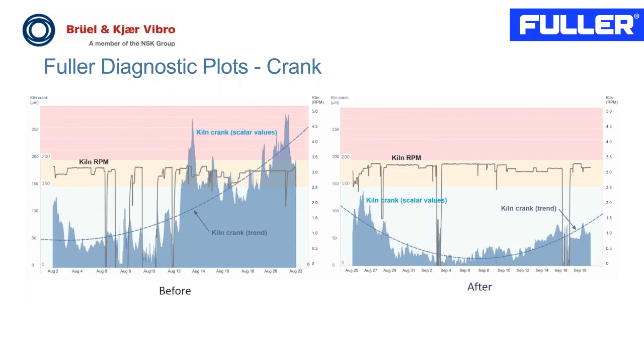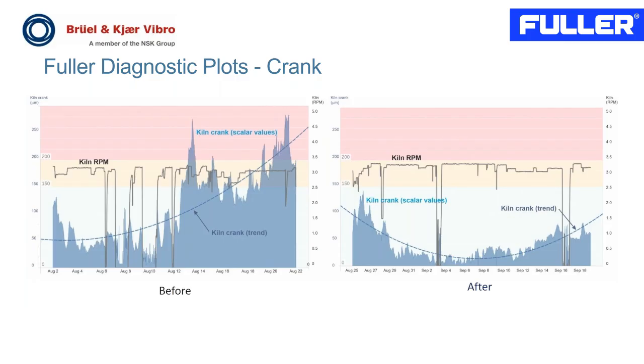Based on this, we did some iterations with the customer, looking into the burning process of the kiln, looking into the fuel mix on the kiln, and based on our inputs, they managed to reduce the level of the Kiln Crank. And this is basically what we see in the plot to the right.